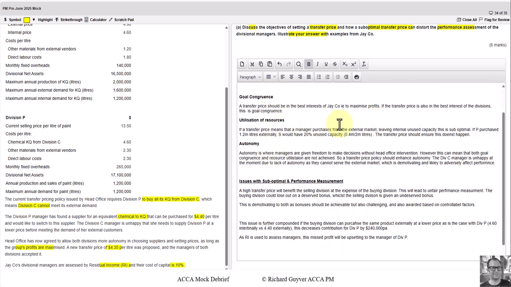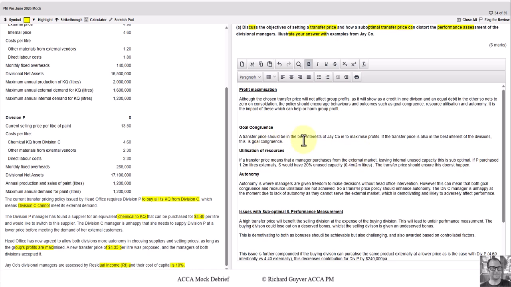Goal congruence. A transfer price should be in the best interest of JCO, i.e. to maximise profits. If the transfer price is also in the best interest of divisions, this is goal congruence. Now I couldn't come up with an example from here that led into that without just repeating one that I've used further down.